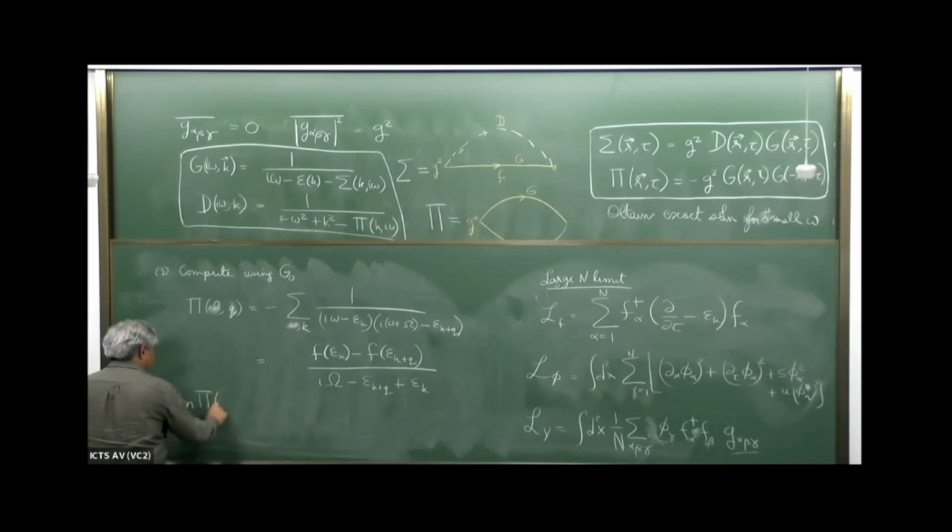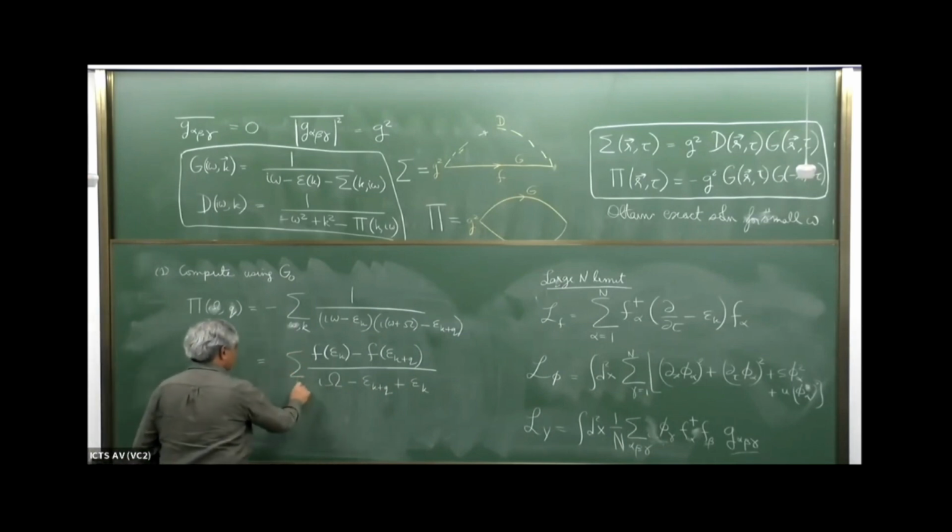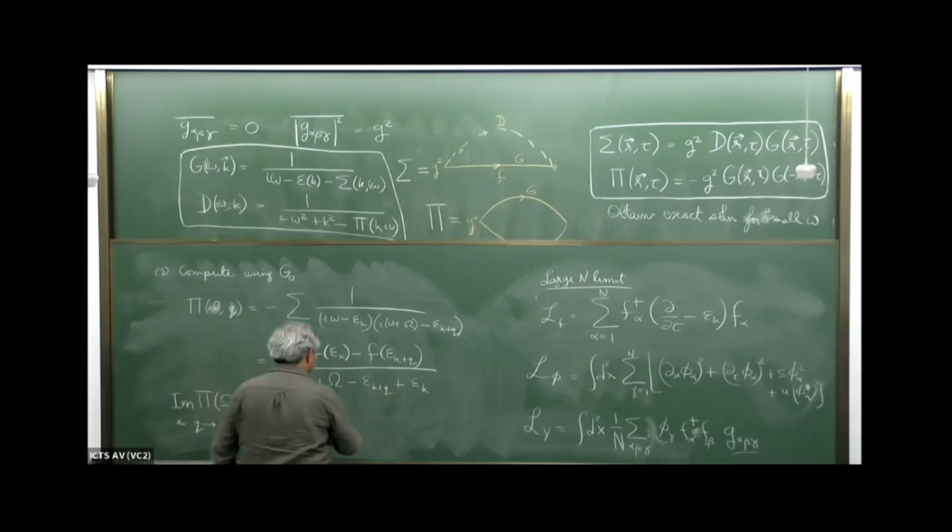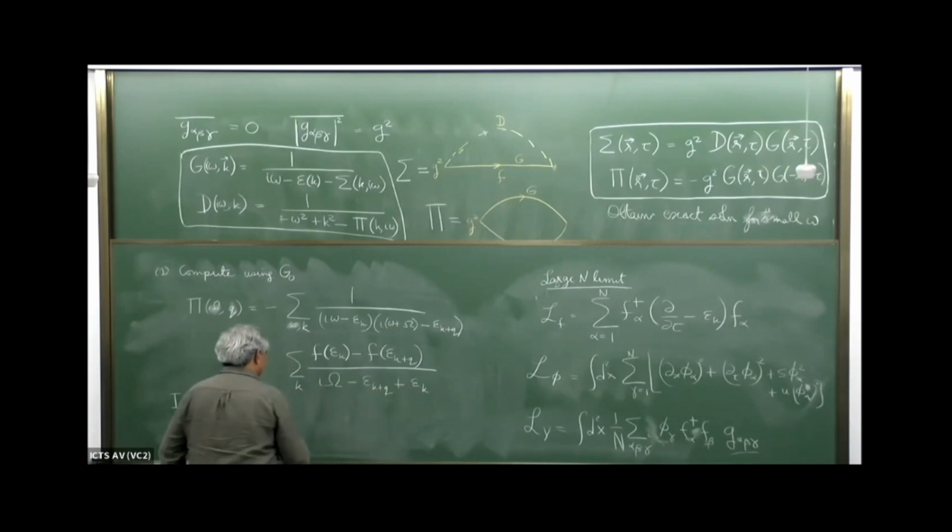The imaginary part of this, for real frequencies omega and Q, as Q goes to 0. So Q is small, and I want the imaginary part. Okay, and there's a sum over K here. So I just take the imaginary part of the denominator with an i eta in there.